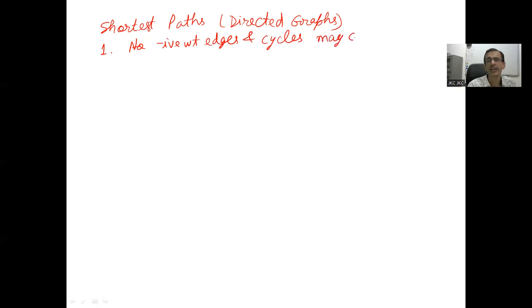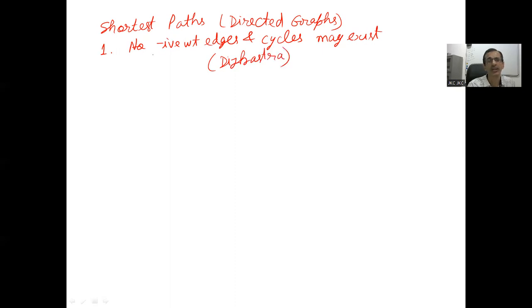Assuming the graphs are always directed, the first case was a graph with no negative weight edges, where cycles could exist. For that kind of graph, we used the Dijkstra algorithm effectively. That solution we have seen.